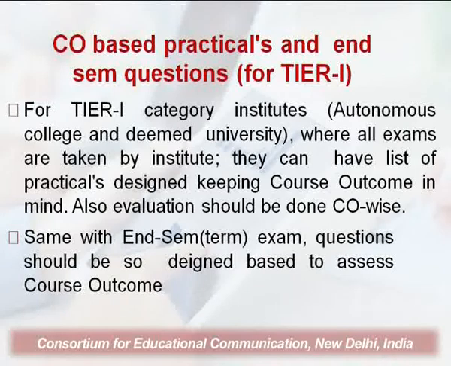With the end semester exams, questions should be designed based on the course outcomes. Now for example, considering 6 course outcomes, there are 6 practicals, each specially for each course outcome. Also, the internal ERP software can be designed where the marks for each course outcome are inserted, and then it can be converted out of 25 from 50.